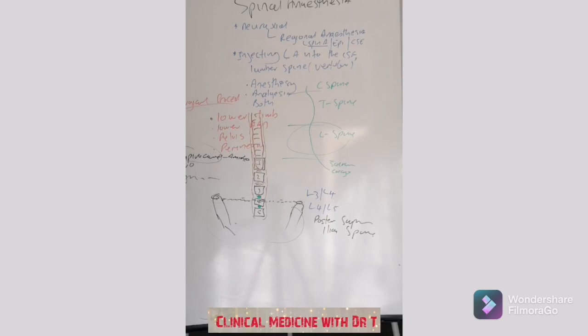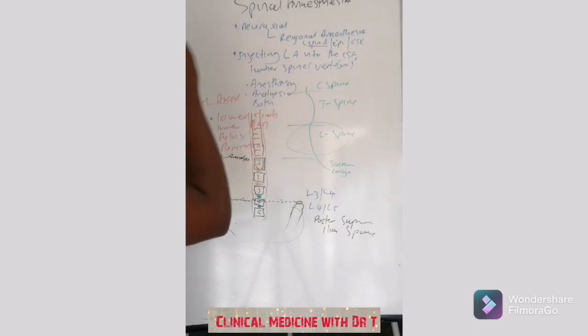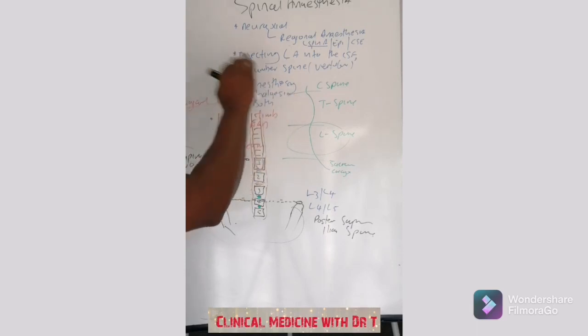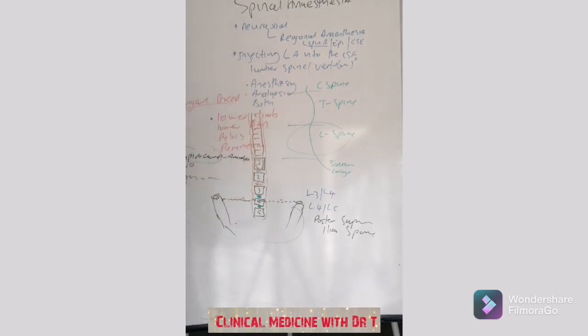But for now, let's appreciate that spinal anesthesia is a type of neuraxial anesthesia, and it's a regional block. What we want is to inject a local anesthetic into the CSF. The indication in terms of surgery is either when you want to take away pain, or you want to give that local anesthetic purely for anesthetizing.